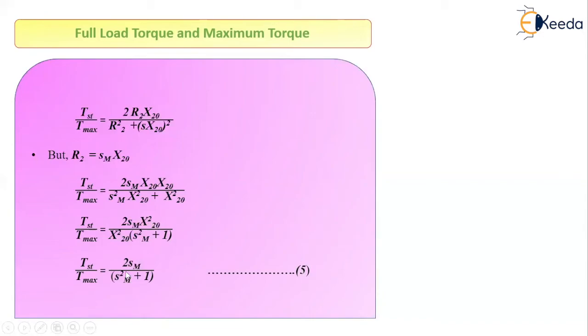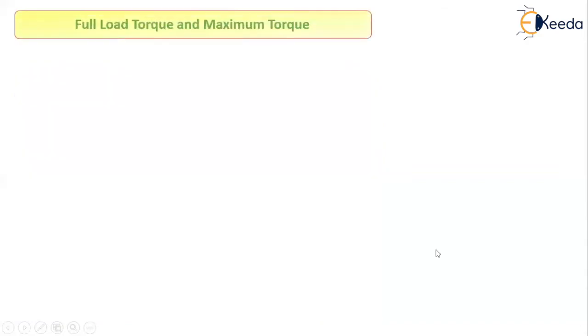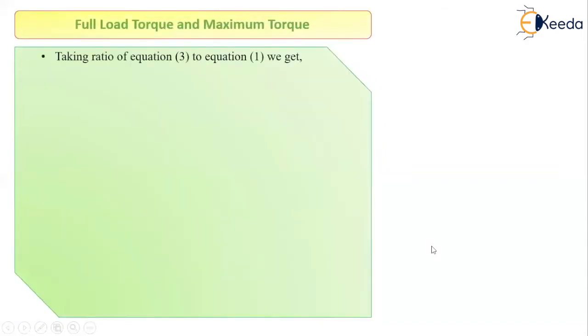Equation number 5. So the relationship between starting torque and maximum torque is equal to 2 Sm divided by Sm square plus 1. Now let us find the relationship between starting torque and full load torque. So again we are going to take the ratio of equation 3 to equation 1. So after taking the ratio, we get TST, that is starting torque to full load torque, is equal to K E20 square R2 divided by R2 square plus X20 square, whole divided by Ks E20 square R2 divided by R2 square plus S X20 whole square.